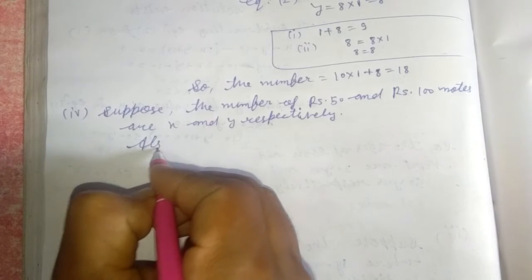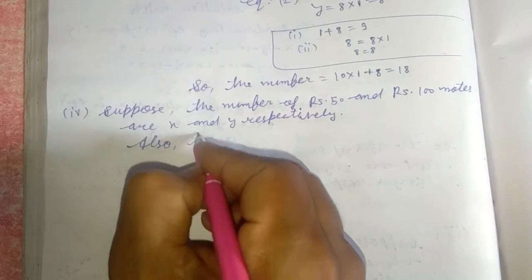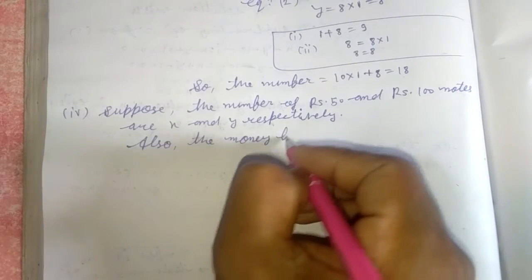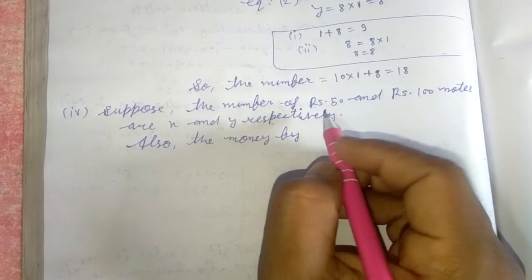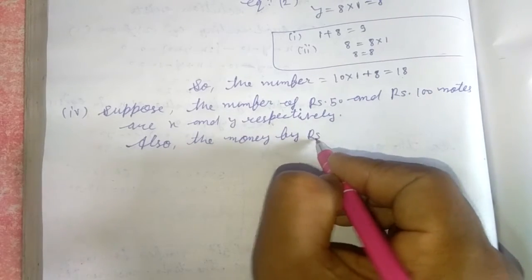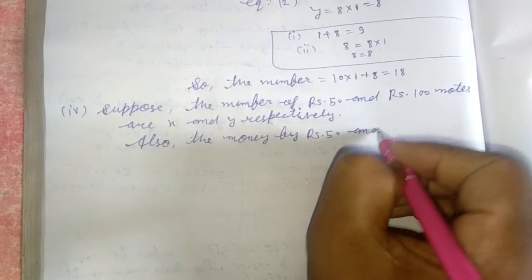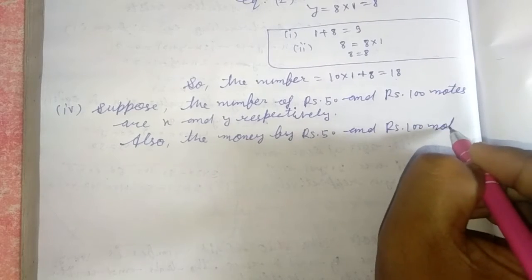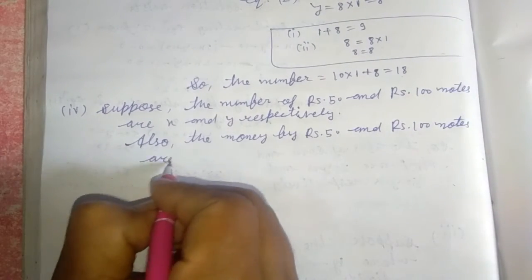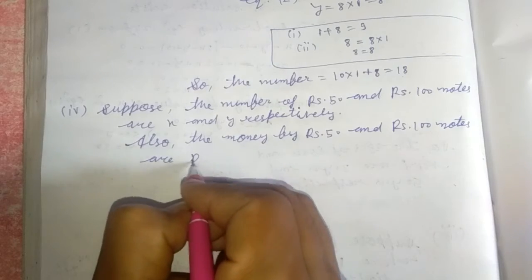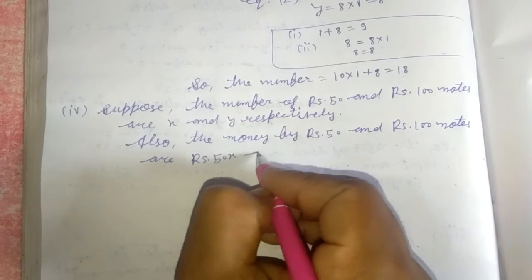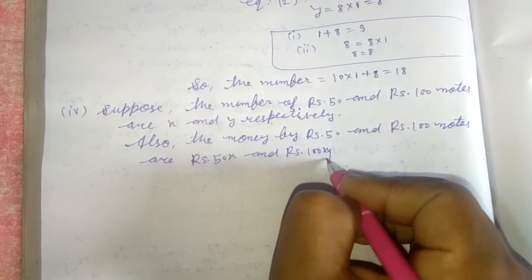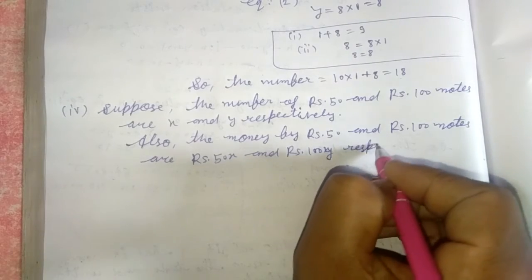Also, we write here the money by 50 rupees and 100 rupees notes are rupees 50x and 100y respectively.